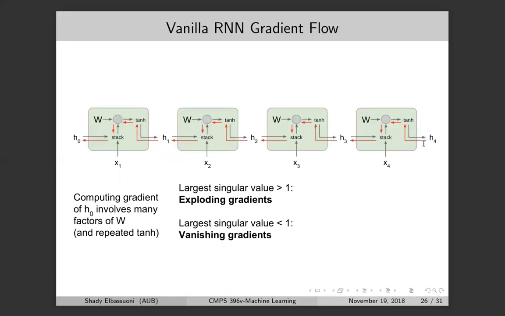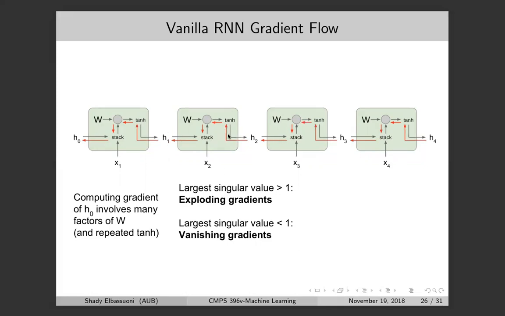So let's look at this. The forward pass is the black arrows, to get from H0 to H1, and then from H1 to H2, and so on. The red arrows are the backpropagation of the gradient. You start with the red, pass it through the nonlinearity, multiply by W, and then again pass it through the nonlinearity and multiply by W, and so on.